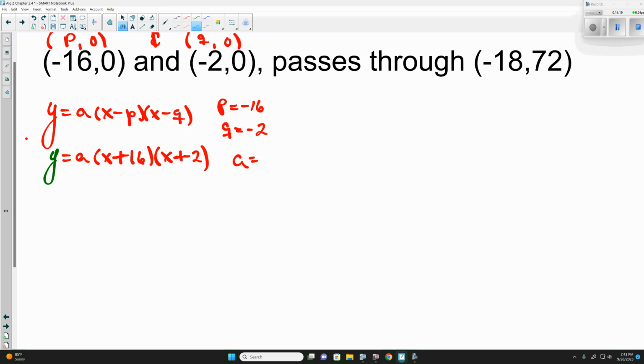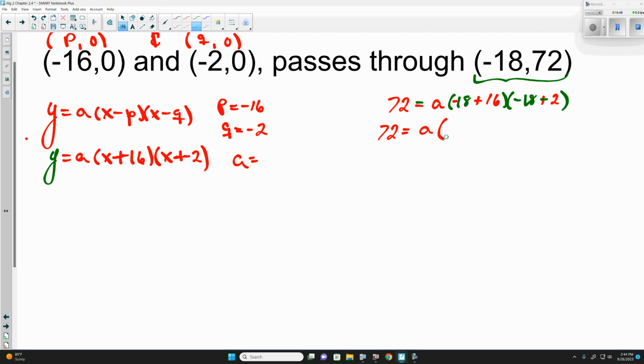But the last thing we need to find is the value of a, and we can use this point. So we'll replace y with 72. So we'll say negative 18 plus 16 times negative 18 plus 2, and see what we get.